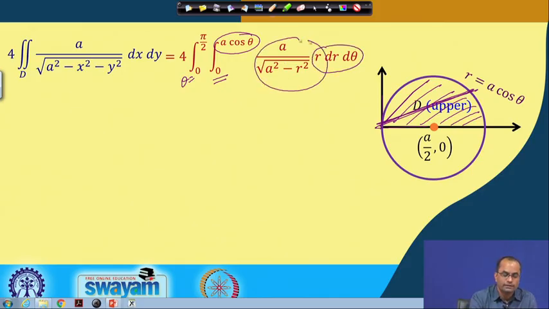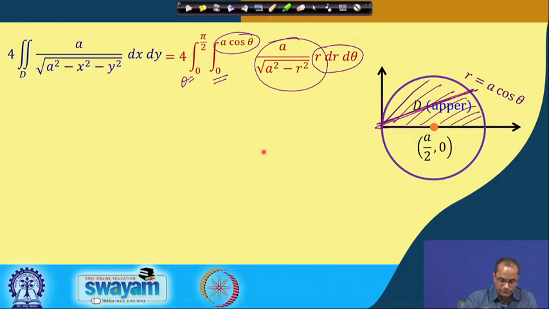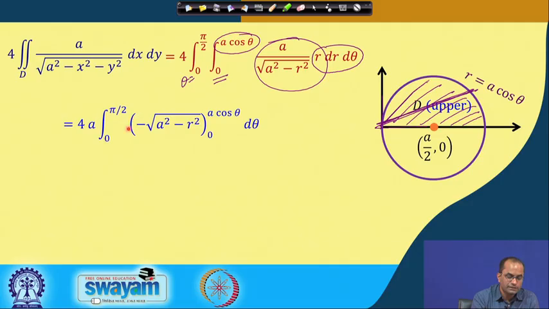So, again this is very simple to integrate, like we have done already in the previous example. So, once we integrate this, we will put the limits 0 and the upper limit a cos theta, which will give us minus a sin theta when we put the upper limit, since a square minus a square cos theta gives a sin theta, and this is minus minus plus, and when r is set to 0 we will get a.